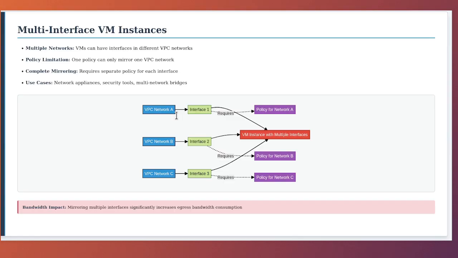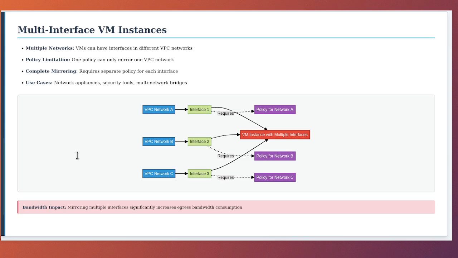If you also want to mirror traffic on interface 2, you cannot simply add it to the existing policy. Interface 2 is connected to VPC network B, which is a different network. You would need to create a separate packet mirroring policy in VPC network B specifically for interface 2.